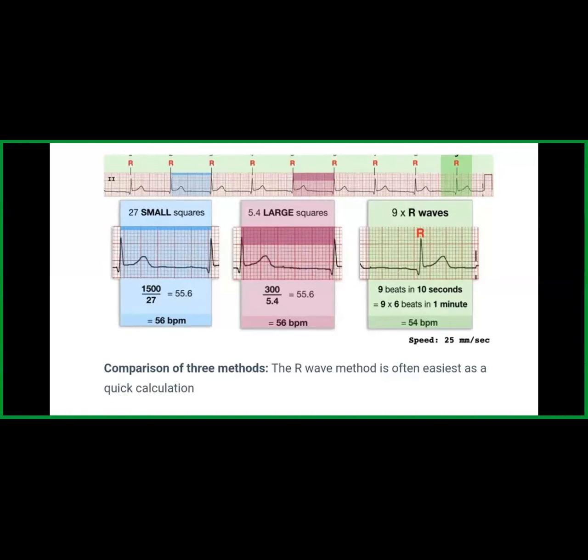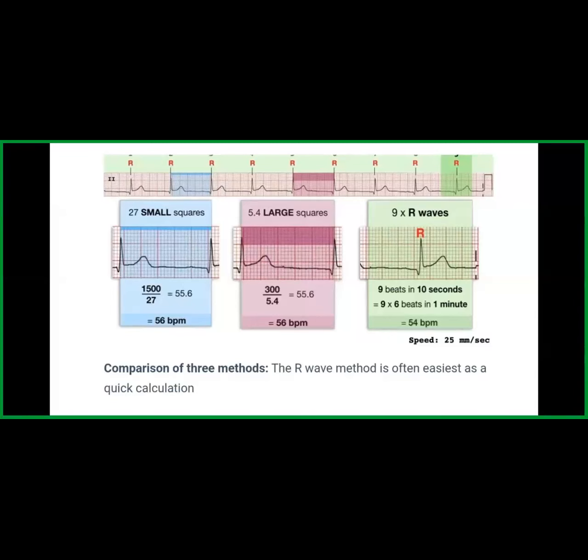So R beats multiplied by 6 will approximately give us the number of heartbeats, or technically speaking, the number of ventricular contractions which are efficient. Although it is not the exact number which we look for, 27 small squares will approximately tell us that there are 56 beats per minute. Large squares also give us 56 beats per minute. But being the quickest method with R waves, in a flash, in 10 seconds, you will be able to assess what the heart rate is in this ECG.